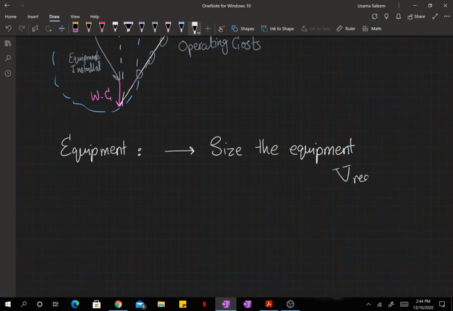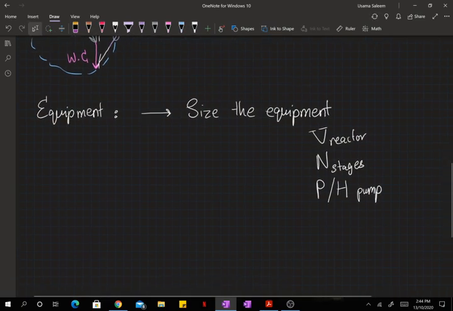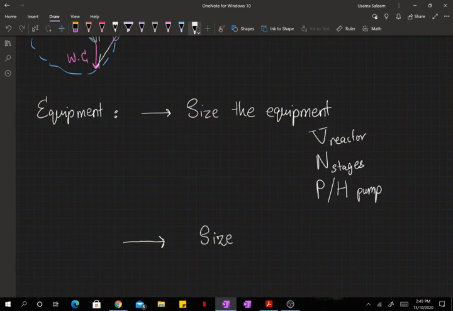You need to know the number of stages in your distillation tower. You need to know the power or the head required for your pump, etc. And these are all size parameters. Once you have size parameters, you can look at what's called size cost curves.